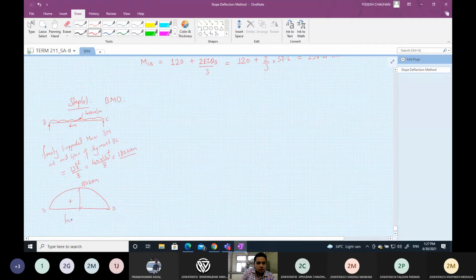This is the freely supported bending moment diagram for segment BC. So now let us draw the moment diagram.